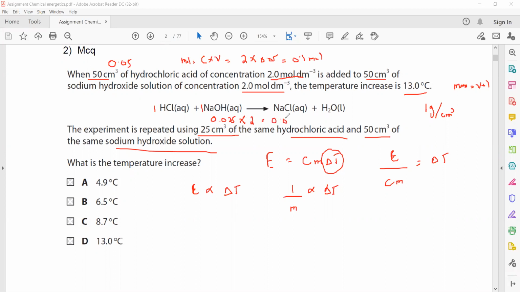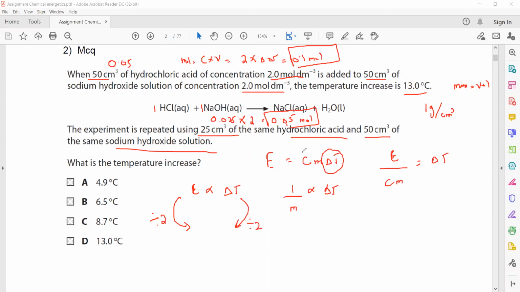So we are using 0.05 moles. So originally we were using 0.1 moles of hydrochloric acid, but now we are using 0.05 moles. It means the moles is half, so the energy release will be half. If energy release is half, the temperature change will be half.